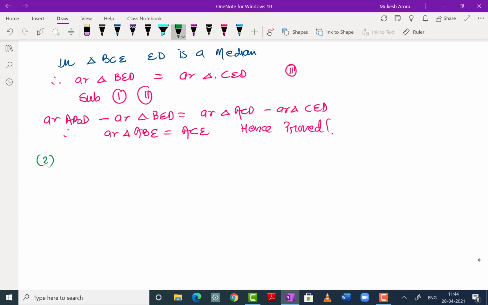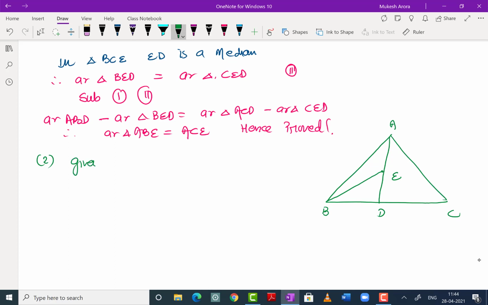Second: in a triangle, E is the midpoint of median AD. Triangle ABC, AD is the median, E is midpoint of this.